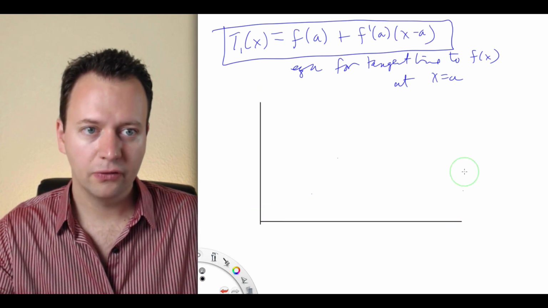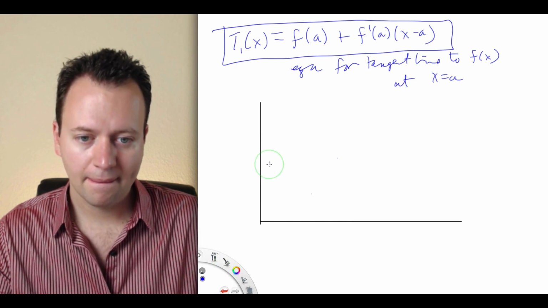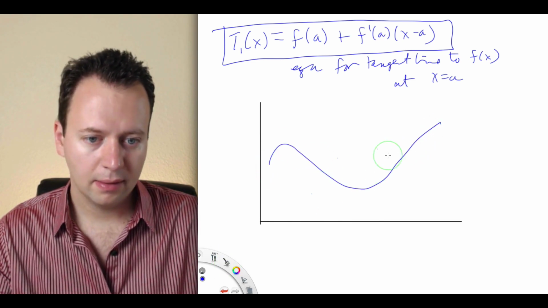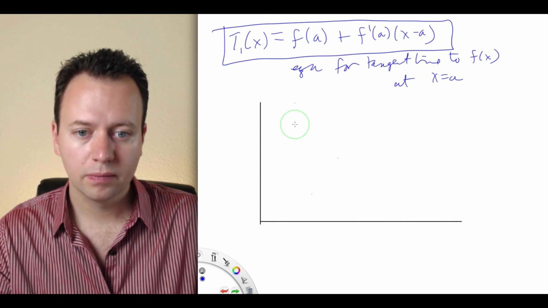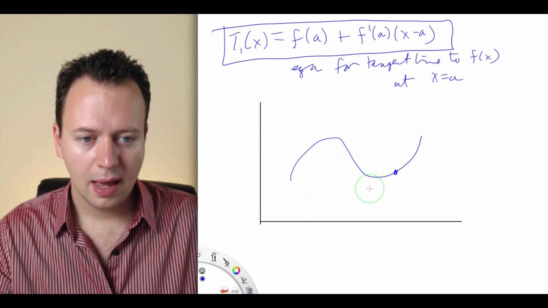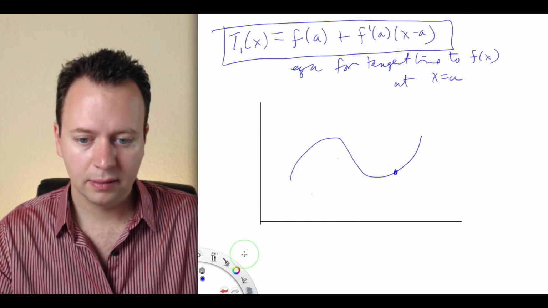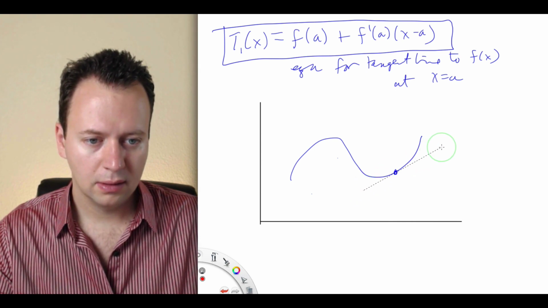So let's say we have some function like this, and we have some point, this looks like a good point, and then the tangent line, something like that.